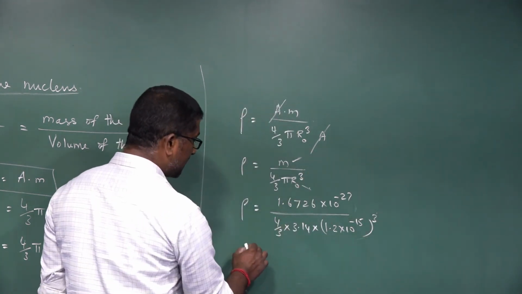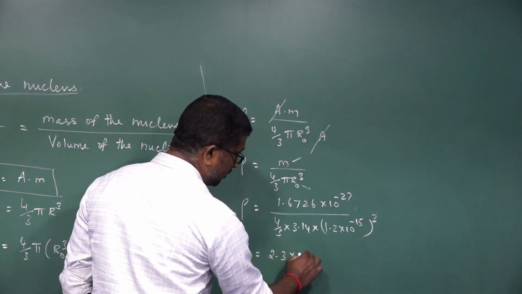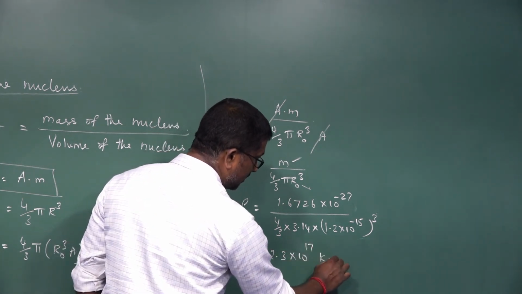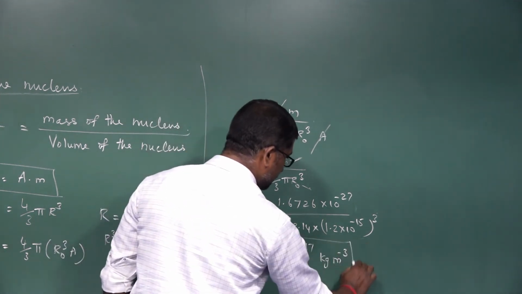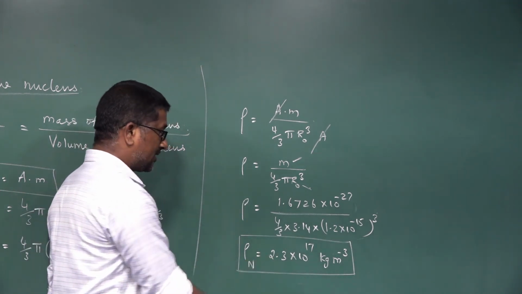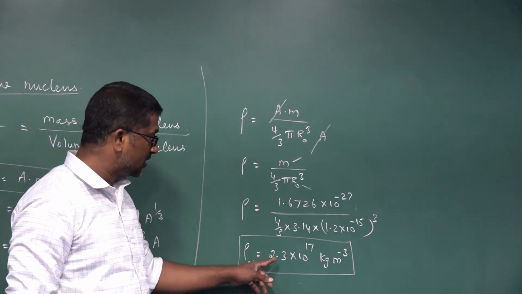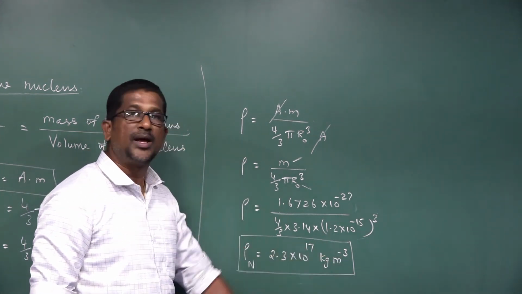After simplification we get 2.3 into 10 power plus 17 kilogram meter power minus 3. So this is the value of the density of the nucleus.